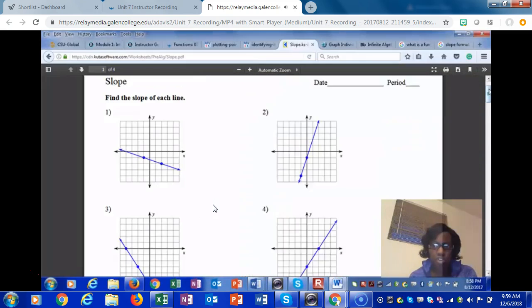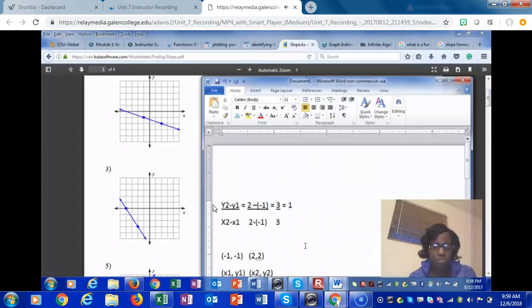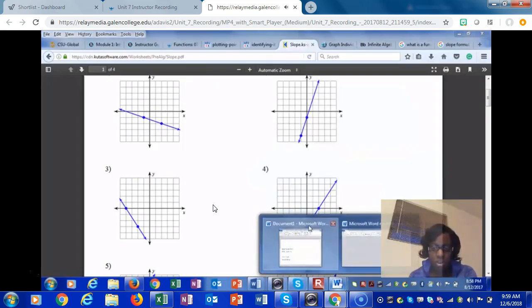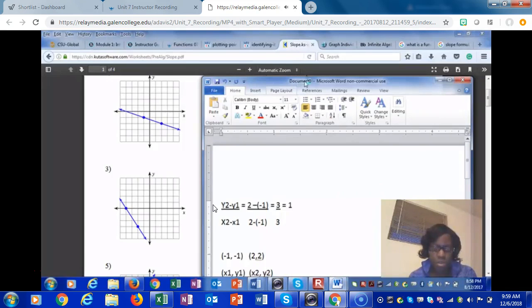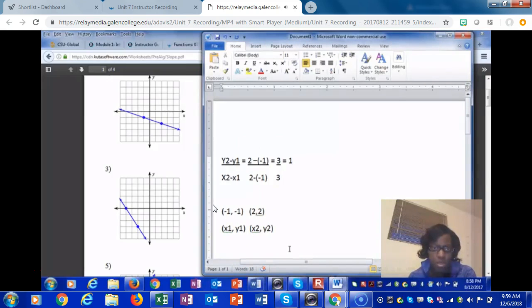All right, let's do number 3. I'm trying to do problems that fit on this side of the screen so that I can keep this section open here. So now we have this point and this point.